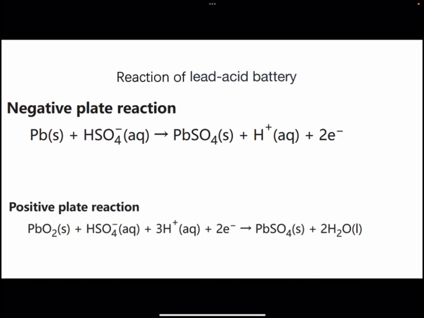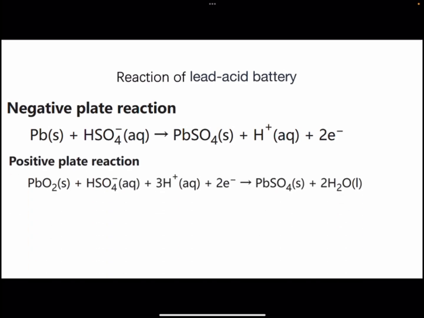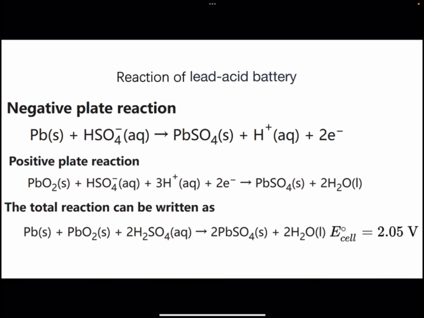Next is the positive, the cathode side, where lead dioxide reacts with H2SO4 as well, and this side accepts electrons. The total reaction can be written as the Pb, that is lead, and the lead dioxide reacting with H2SO4, and in this reaction it can generate about 4.05 volts as a standard cell potential.